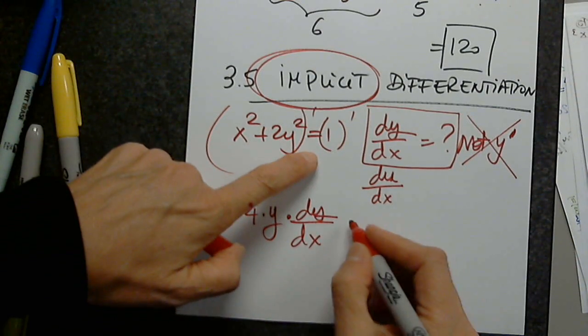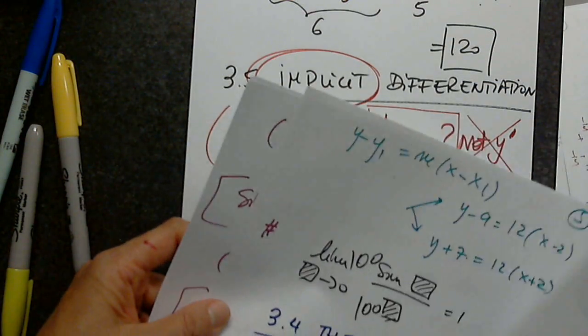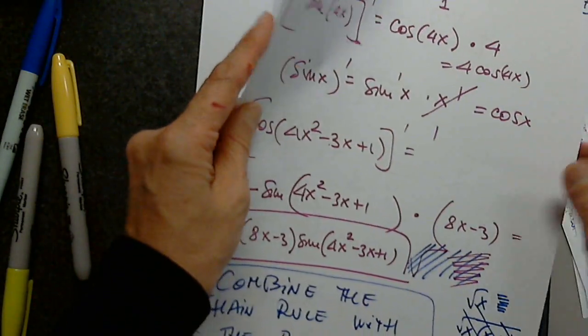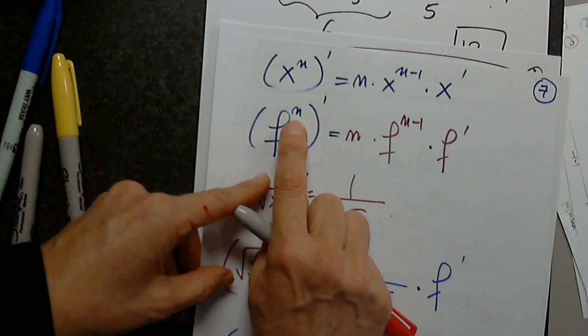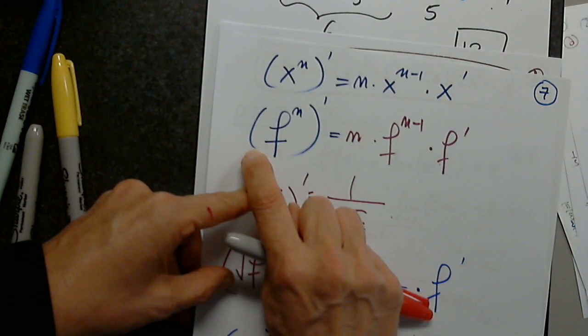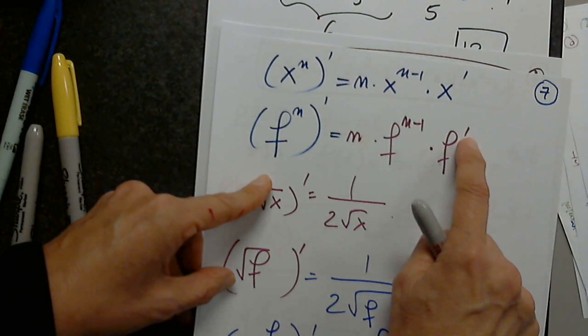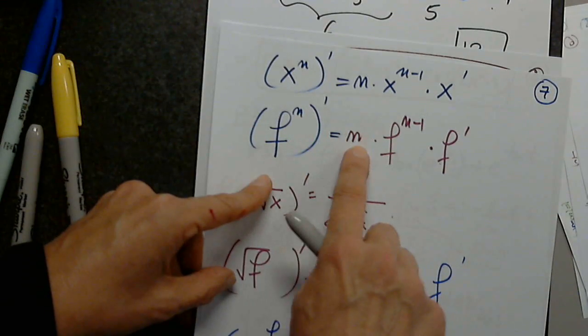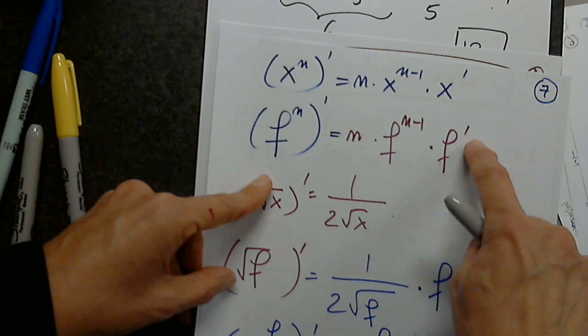What about the right-hand side? 0. That's it. So why does y come down, but then we use the dy over dx? Very good question. Two times y to 2 minus 1 times the inner function prime. 2 times y to n minus 1, which is 2 minus 1, times the inner function prime.